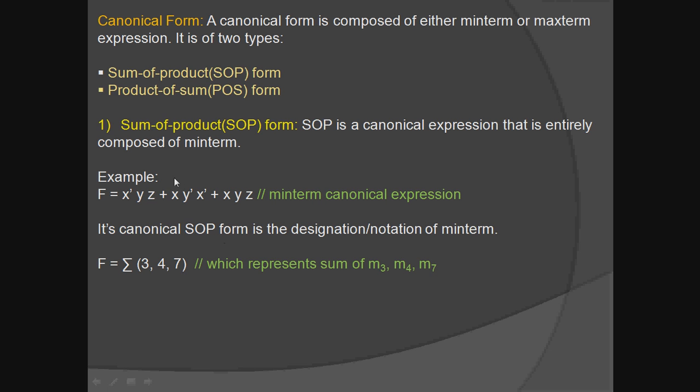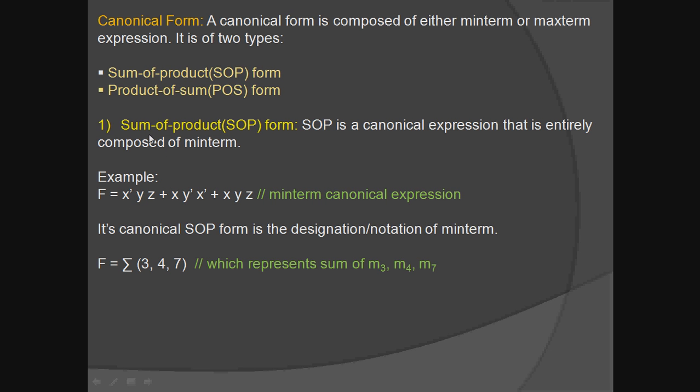So you can see that it is very easy to get the canonical SOP form, that is the sum of product form. As the name suggests, sum of product form is comprised of min terms. You can see that all of these terms are products. The variables are multiplied: x into y into z, here x into y into z, x into y into z. So what we do is we add the products of these variables, the sum.